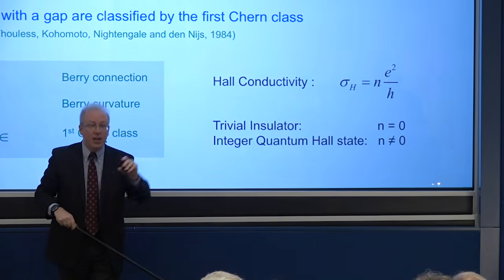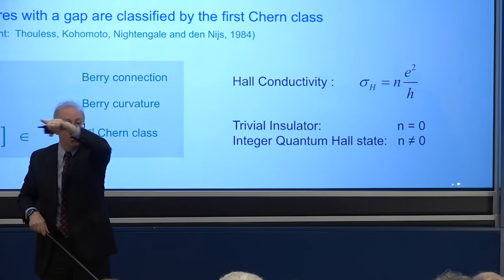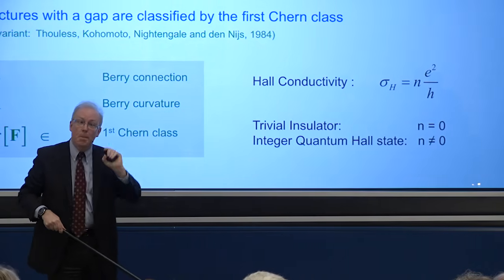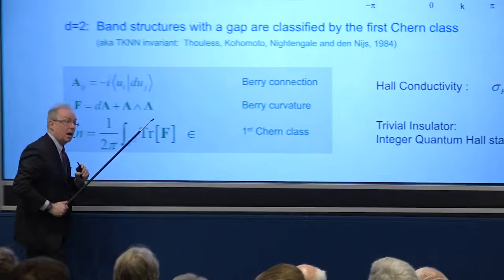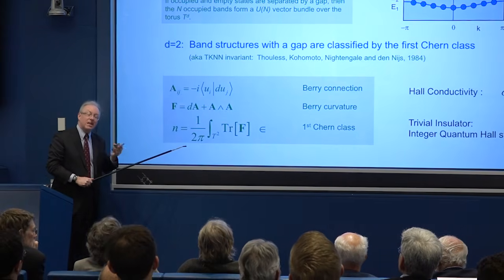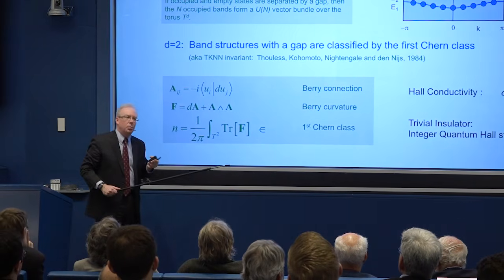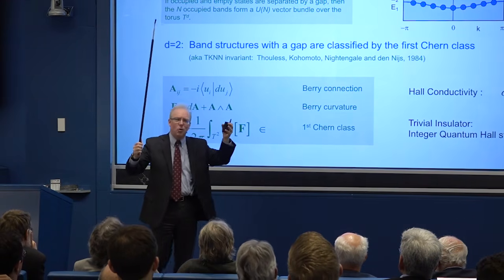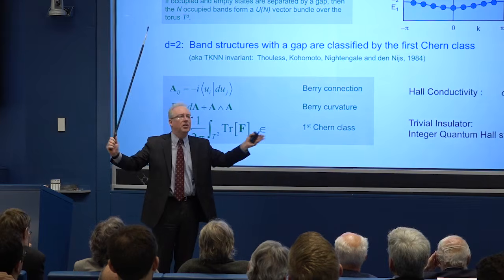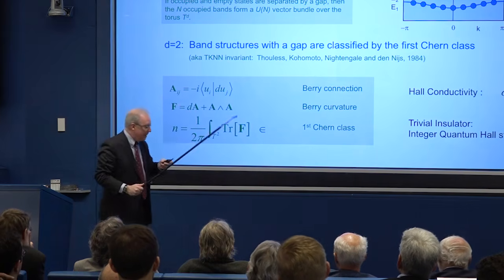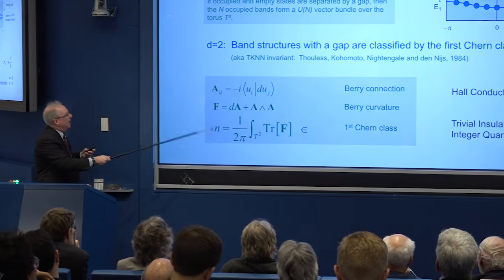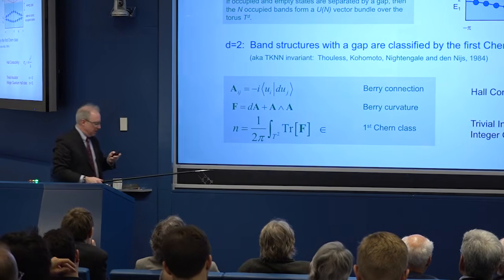So the Hall conductance, this thing that's measured to be an integer to 1 part in a billion, what you are measuring is a topological invariant. And that gives you some insight into how it could be that this thing in this crappy sample is so perfectly quantized.